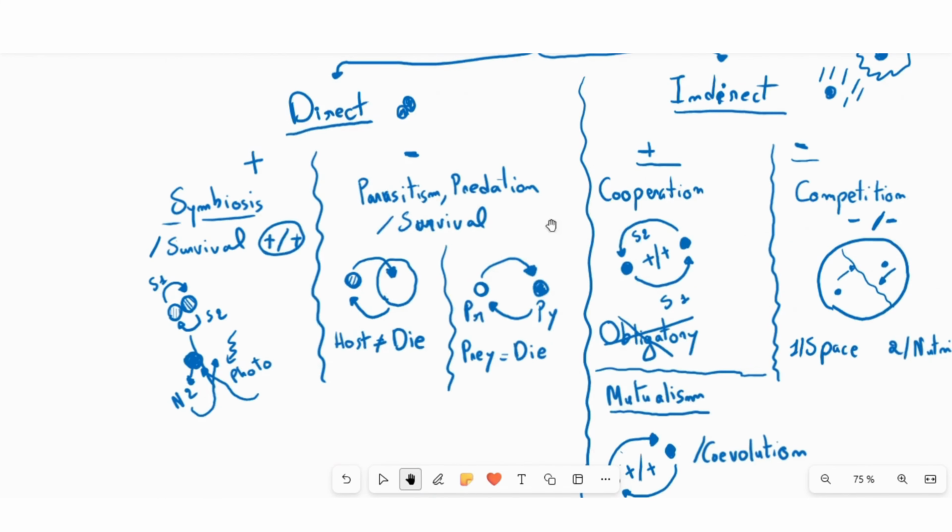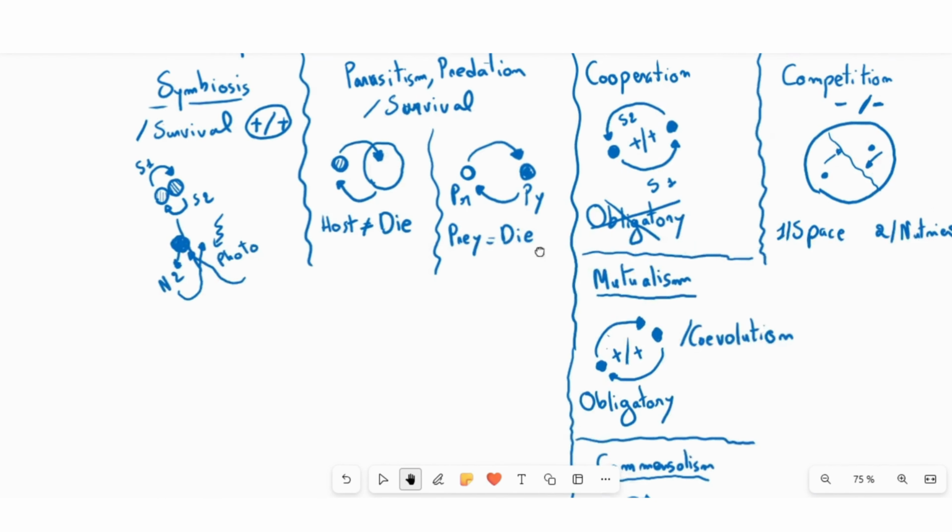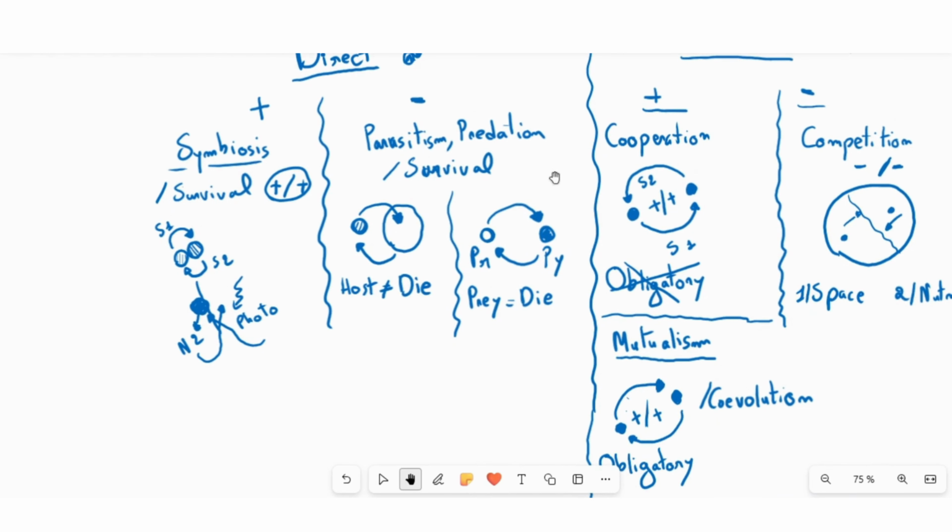Another thing to note is that in the case of predation, this interaction, we have parasitism, which is positive for the parasite, and it is negative for the host. And same with the prey and predator, except that in the case of predation, it is good for the predator, but it is also good for a community of prey.